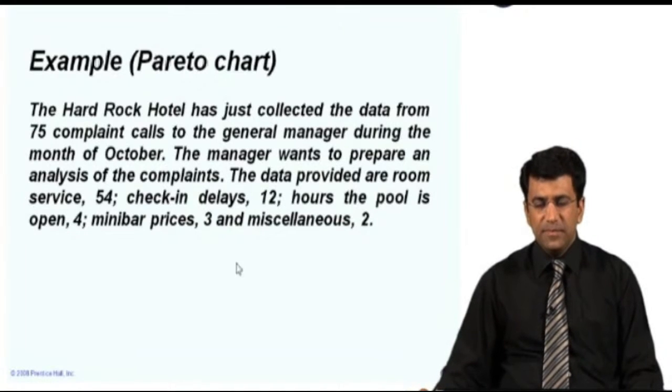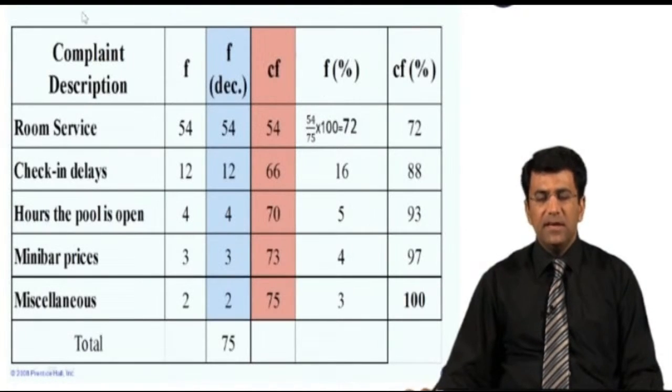So let's see how it happens. Now this is the table. In this column, these are the different complaint descriptions, which of course can be got through some survey in this particular exercise. Now this is the frequency of these particular complaints. Now what should we do?